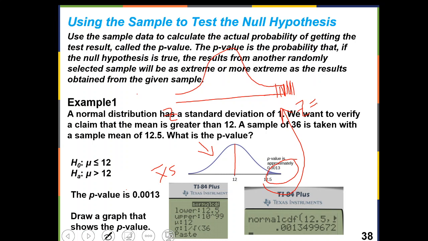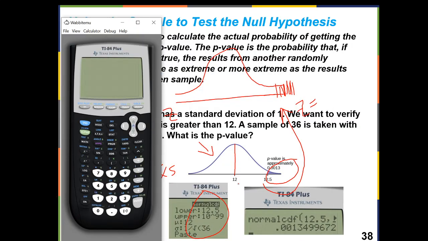12.5 minus 12 divided by 1 over the square root of 36. So with the normal distribution, as you see right here, we can find how much area is there, and the area looks like about 0.0013, right? So that's the p-value, 0.0013. Okay, so let me make sure we understand this.